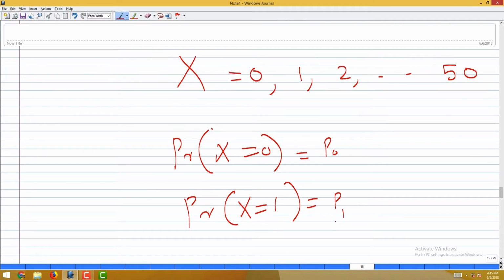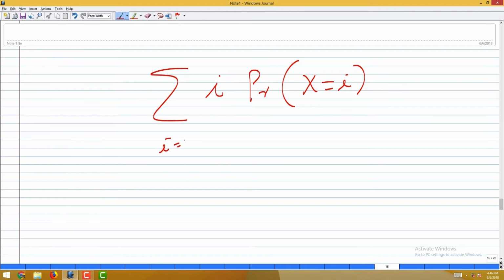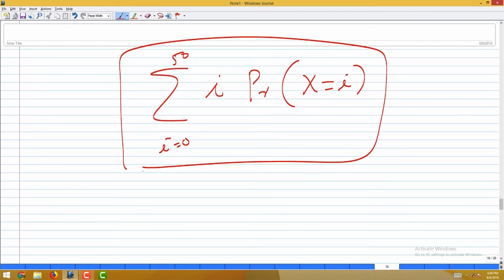Similarly, what is the probability that x equals 1? Let us say p0, p1, like that: the probability that x equals i is pi. Now, the expectation is the sum of i times the probability that x equals i, for i equal to 0 to 50, added up.